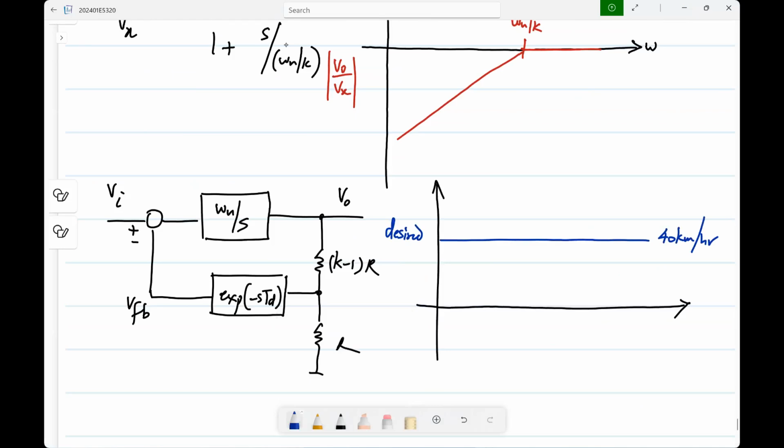Okay, and then you start driving. Okay, this is your actual speed, and the speedometer shows you the same thing but delayed.